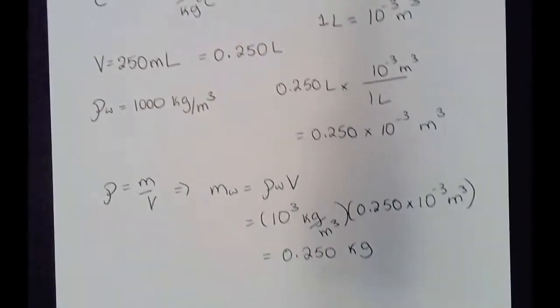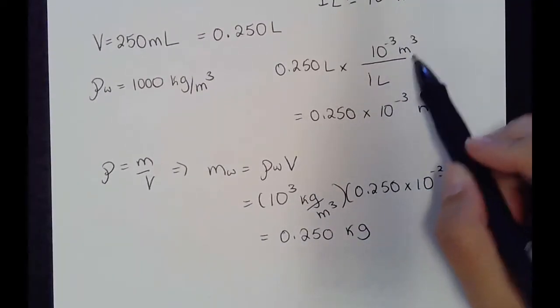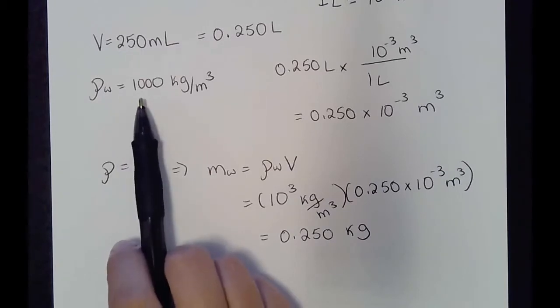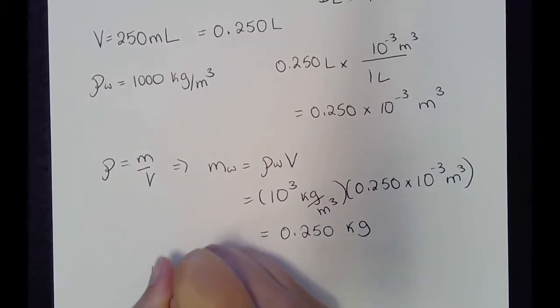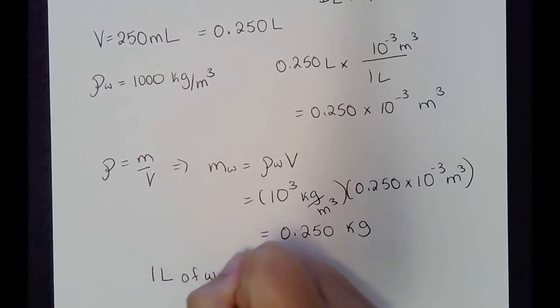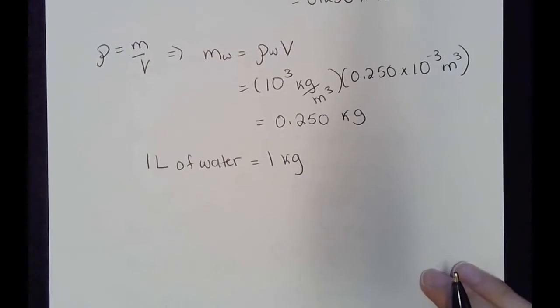And actually, because of these conversions, that 1 liter is 10 to the negative 3 meters cubed, and the density of water is 10 to the positive 3 kilograms per meter cubed, we're going to see that 1 liter of water weighs 1 kilogram.